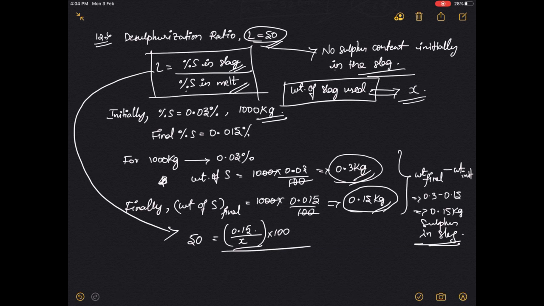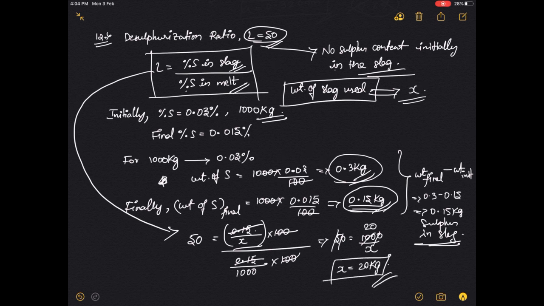Now, after the reaction, what is the sulfur content left in the steel? That is 0.15 divided by, what is the weight of the steel, 1000 into 100. So if you cancel this out, this is also cancelled. What I am left with is 50 is equal to 1000 by X, and this is equal to 5, 20 is 100, and X equal to 20 kg is my slag used.